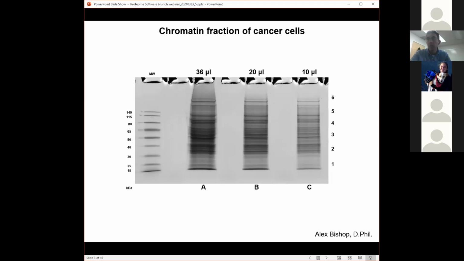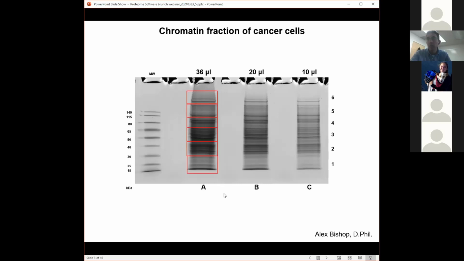It really is very nice to be able to look at a sample on a gel to get a sense of the complexity and relative quantities. In this case, we didn't have a protein concentration at this point, but loaded different volumes and could see quite a few proteins, fairly evenly distributed.